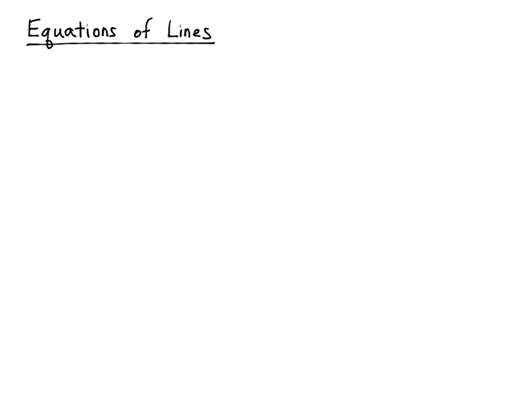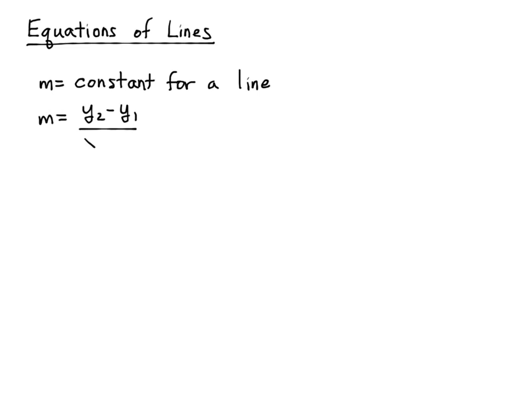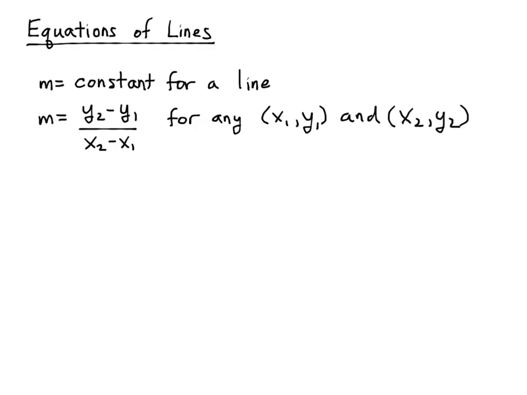Okay, so let's look now at equations of lines. There's going to be more than one way to look at the equations of lines, so let's take a look at an alternative here. If we have the slope of a line constant, it doesn't change. That's what makes it a line, and we have the slope defined as the ratio of the y's and x's. I can say, okay, for any 2 points on this line that I choose, I have this slope.